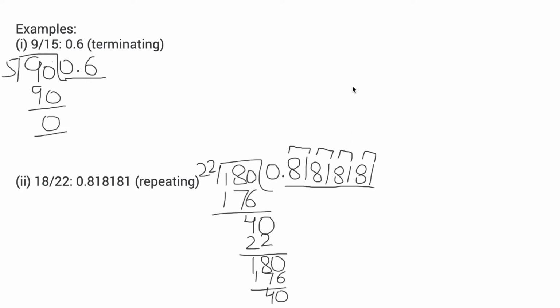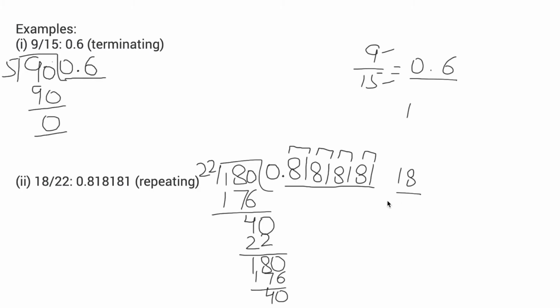So if there is any number which is in the form of p by q, like 9 by 15, which is equivalent to 0.6, and this is terminating, your p is an integer, your q is an integer, and q is not equal to 0, you call it a rational number. The next one is 18 by 22.